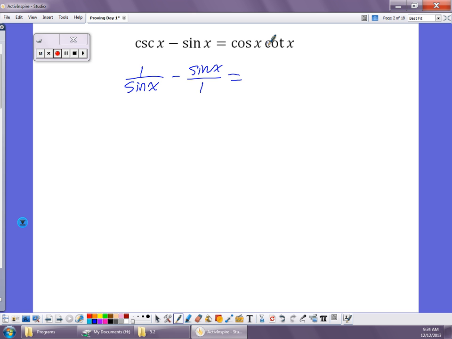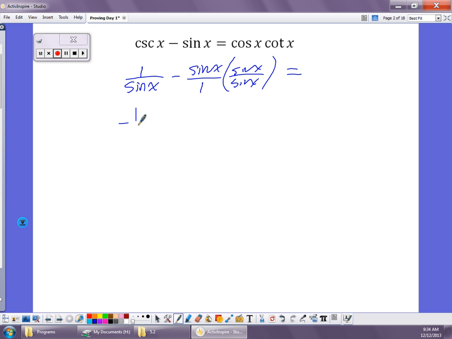What did I tell you we should do whenever we have a subtraction or an addition? What do we want to get? Yeah, good, India. Get a common denominator. So what do I need to multiply this by to get a common denominator? Sine x over sine x. Very good. Excellent.